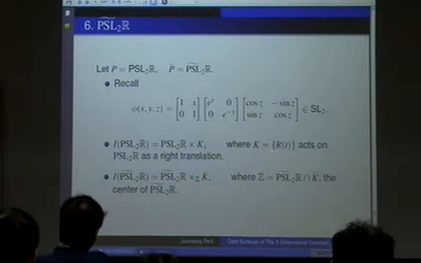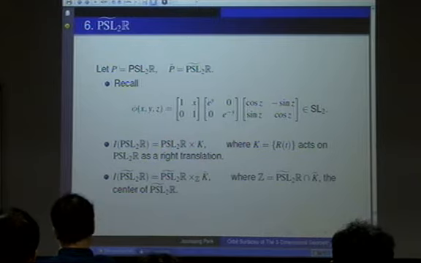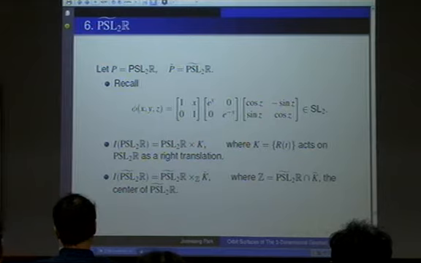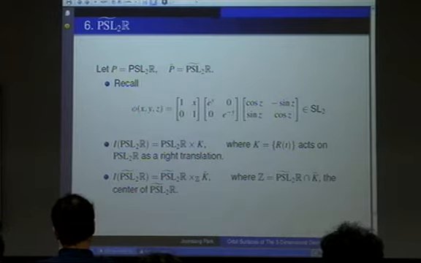So this part is just the left translation. This action, the action of this part is just left translation, and the action of this part acts on the right translation.